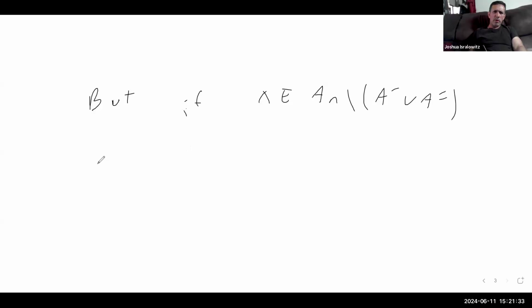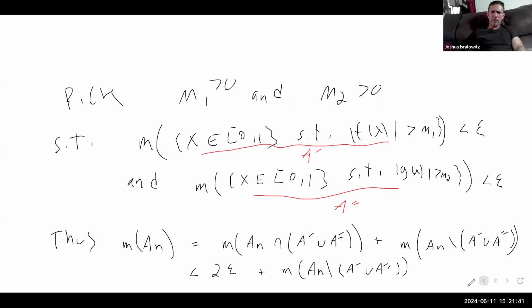Yeah, so what do we know? What do we know is true on this set here? Kind of trivial from what I have above. But if I take away the union, then what do I know is true?